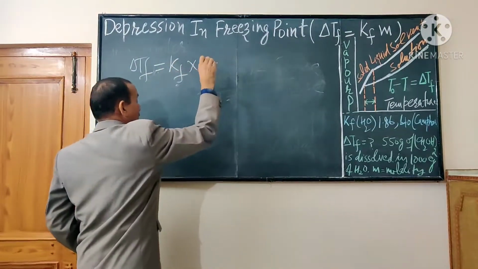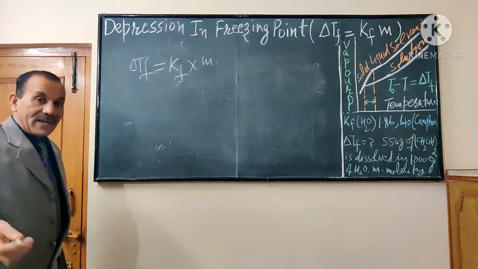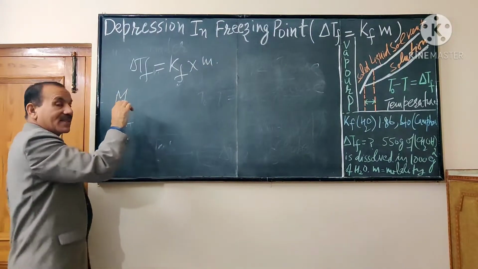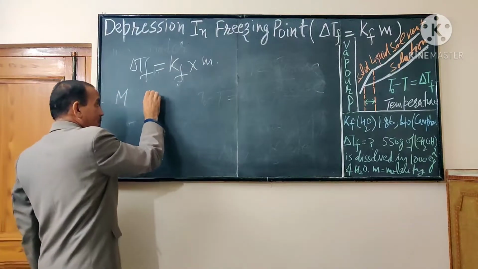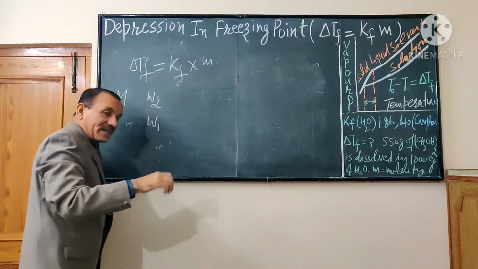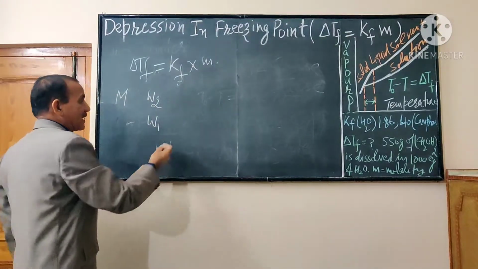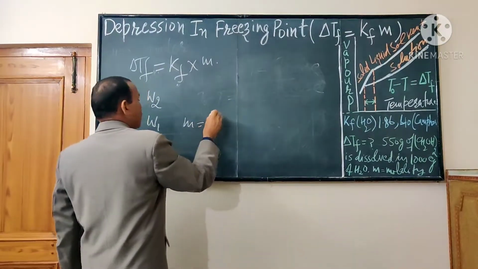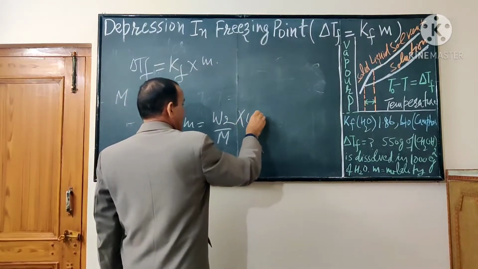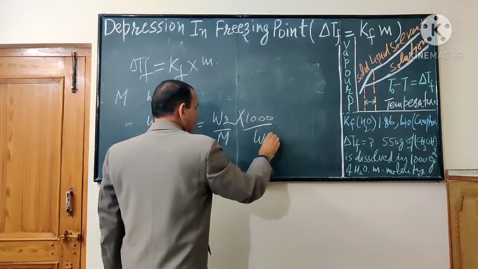This is very important. If we have any substance whose molecular mass is M, and its W2 gram is dissolved in W1 gram of the solvent, then the molality m is equal to W2 over M into 1000 over W1.